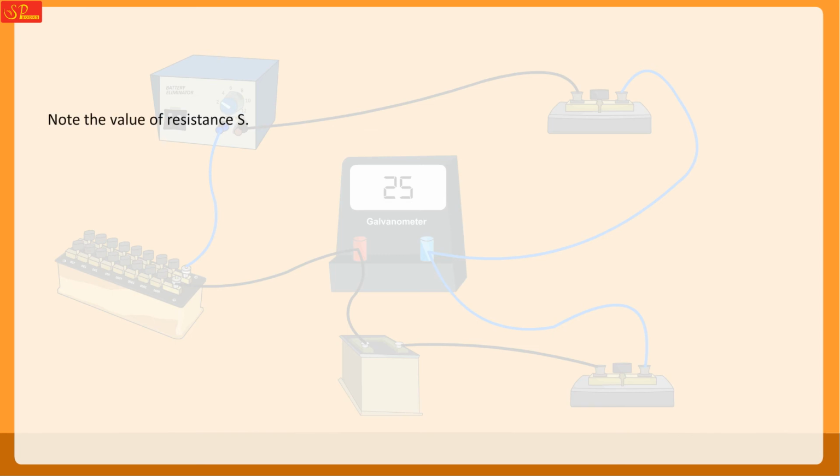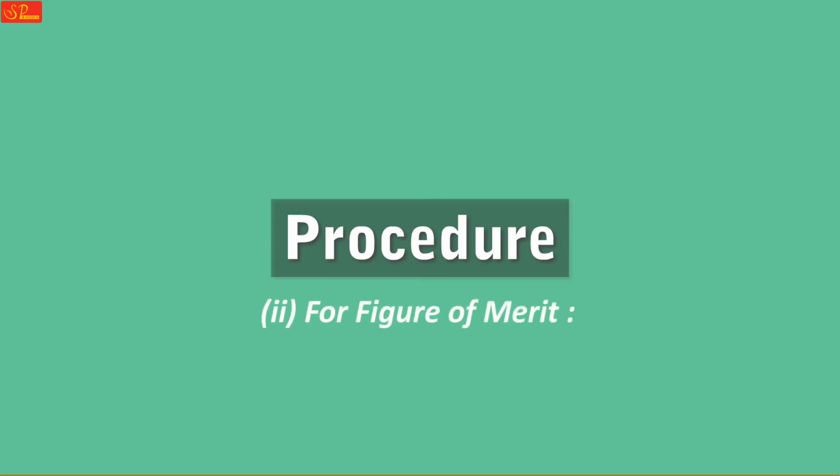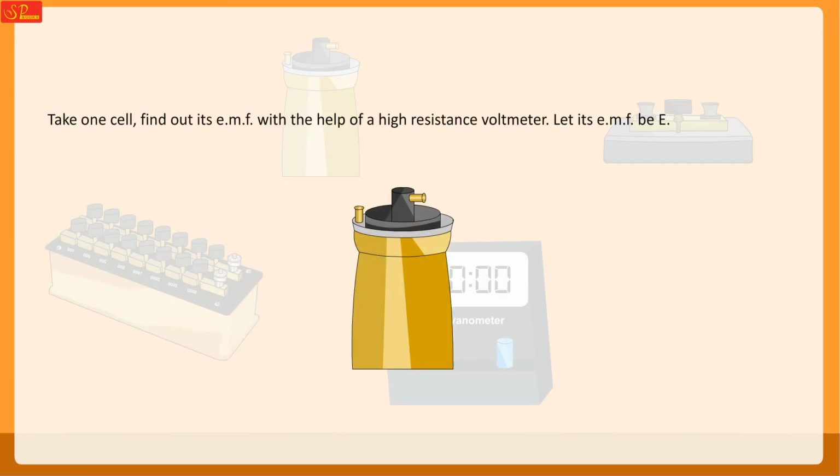Note the value of resistance S. Repeat the steps for 3 different values of R and adjust the value of S likewise. For figure of merit, take one cell and find out its EMF with the help of a high resistance voltmeter. Let its EMF be E.